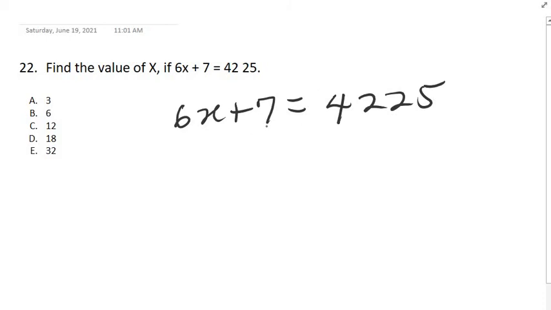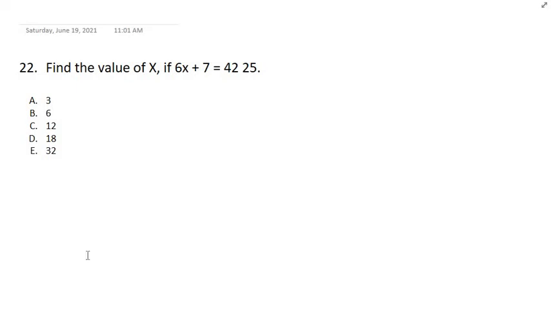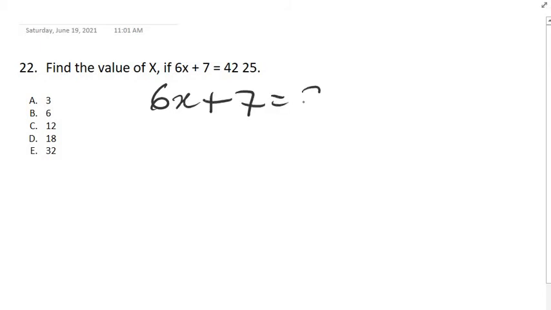Now hold on, I have to confirm this question 22, please. Okay, there's a mistake in this question, but I'm going to write down the right question. The question is find the value of x if 6x plus 7 equals 25. This is the right question for those of you who have the question paper.